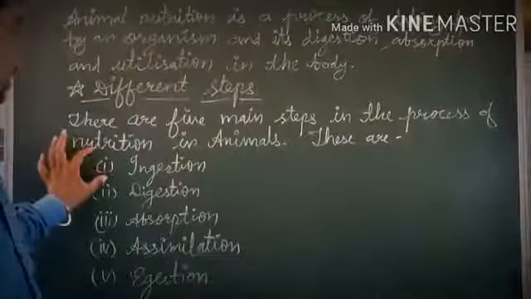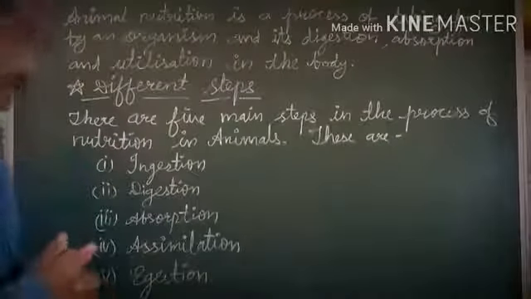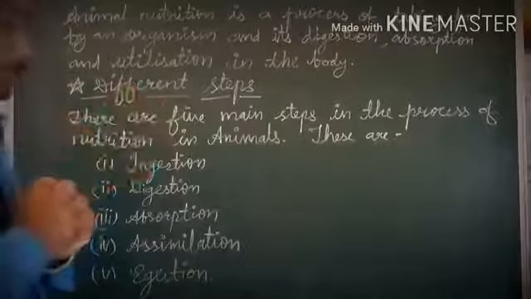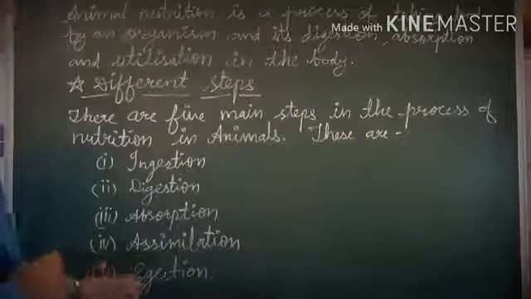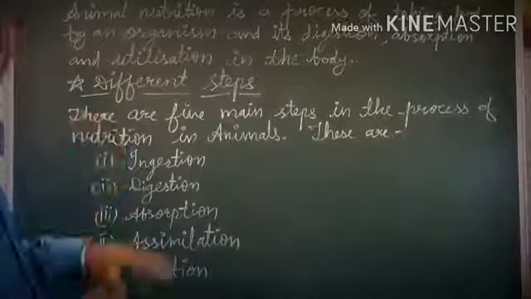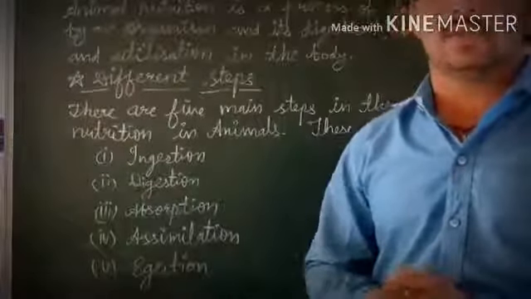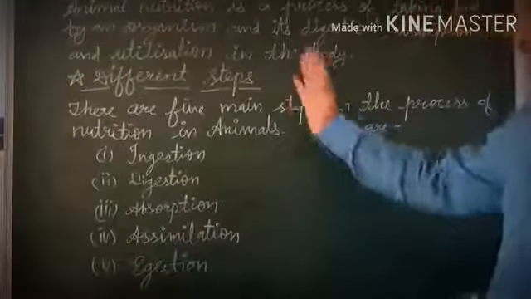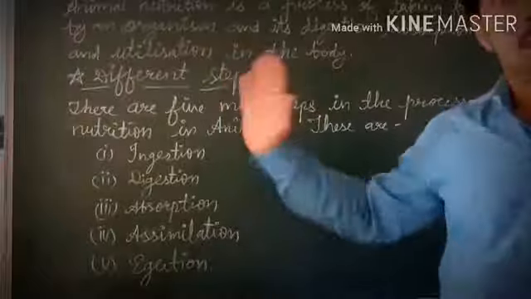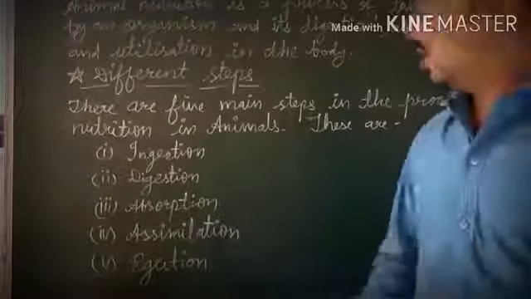So first is ingestion, then digestion, absorption, assimilation and egestion. These are the 5 main steps by which animals can take and utilize their nutrition. You can write it.